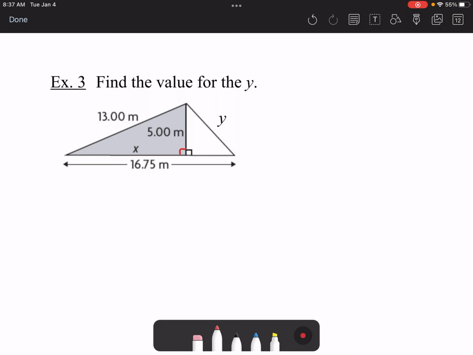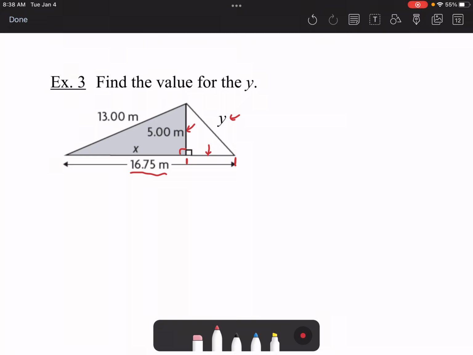It wants to find the value of y. Well, in order to find the value of y, I need this length right here, and I also need this length right here. You notice this length I do not actually have. I only have part of it. I know part of it is added to another part that's equaling 16.75 meters.